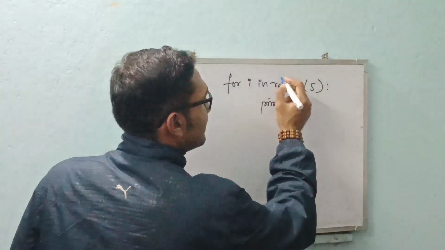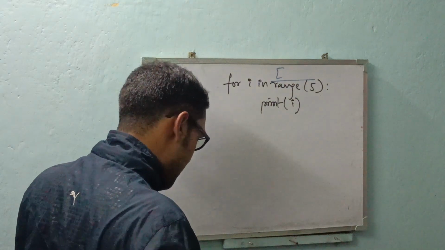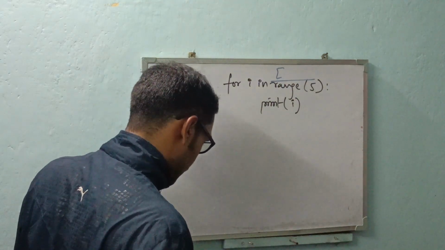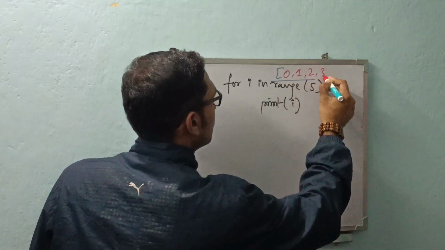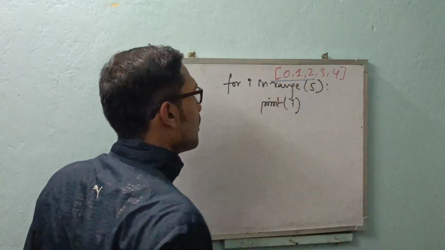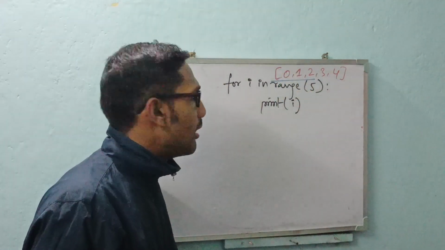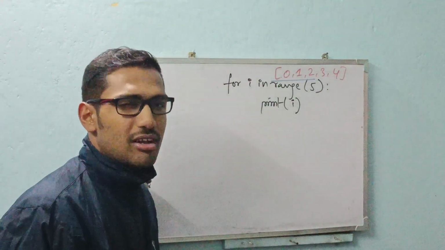Let me write 0, 1, 2, 3, 4. How 0, 1, 2, 3, 4 are coming has already been explained in the last video, so please have a look at that video.